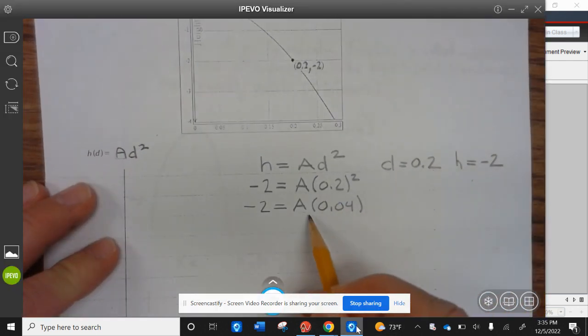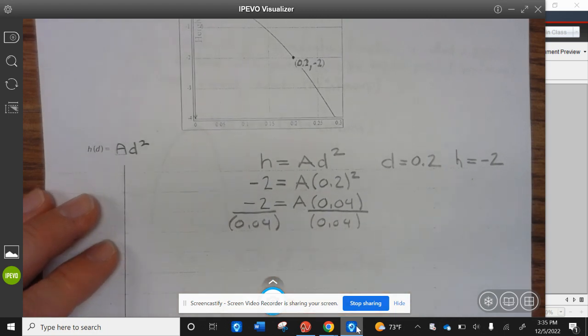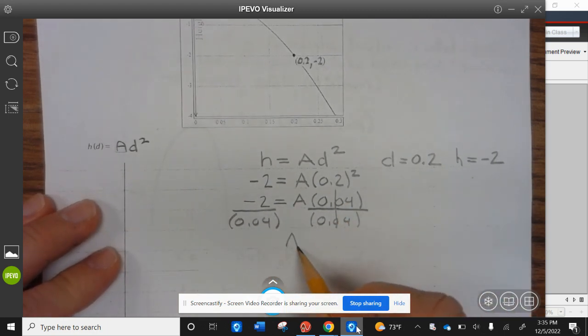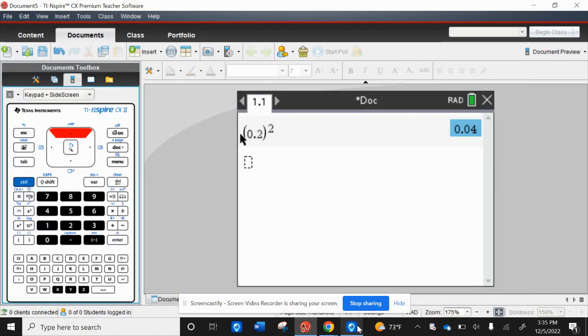Okay, and then we're going to divide both sides by 0.04. That divides and becomes 1. So a equals, let's go ahead and plug that in our calculator. So -2 divided by 0.04 is -50.